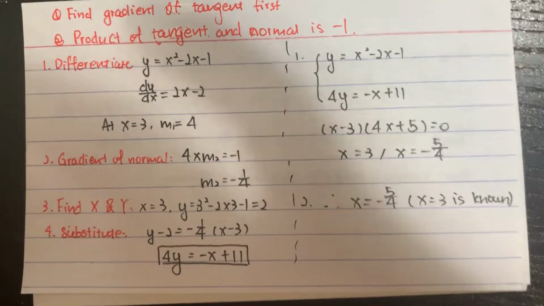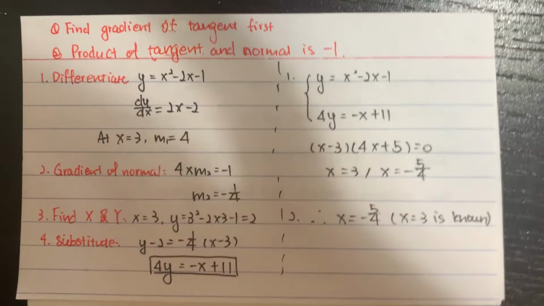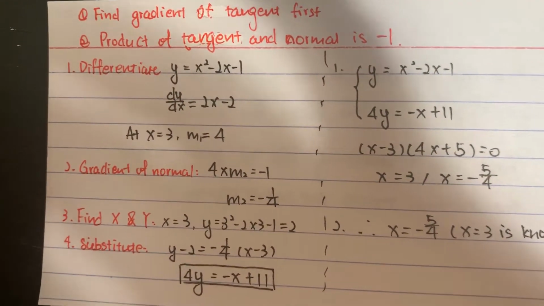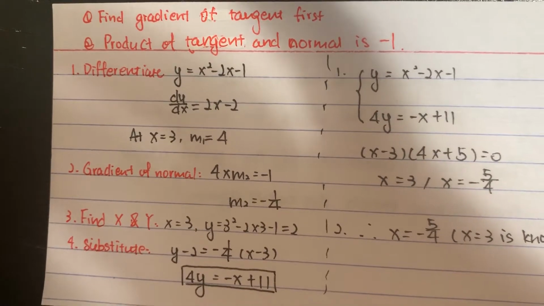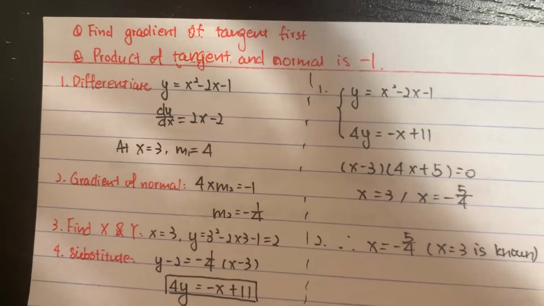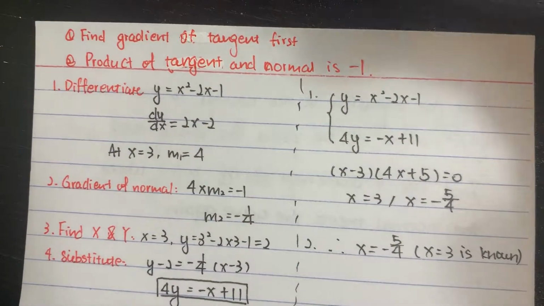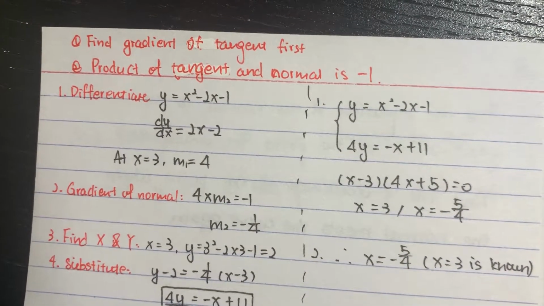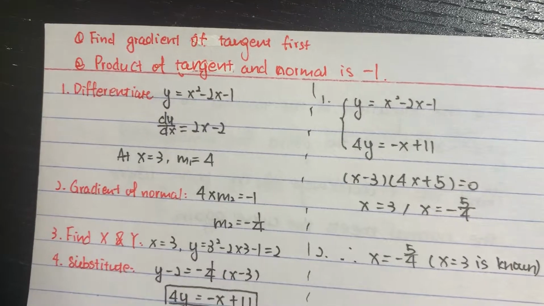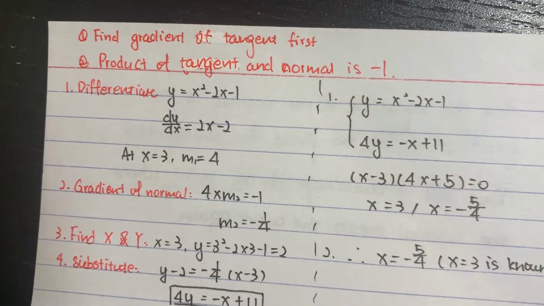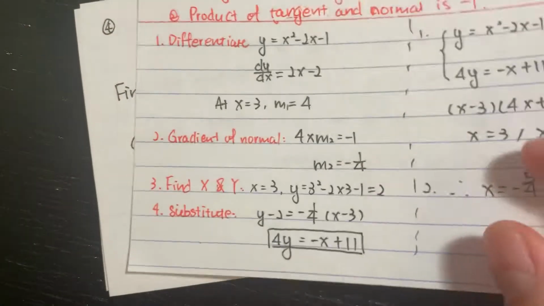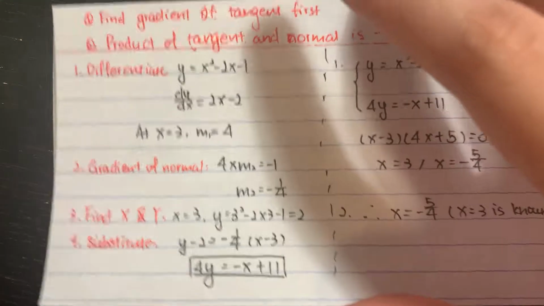Again, it doesn't matter if it's tangent or normal, we still have to differentiate the original function first. So the rate of change of the curve is 2x minus 2. And you know that at x equals 3, m equals 4.